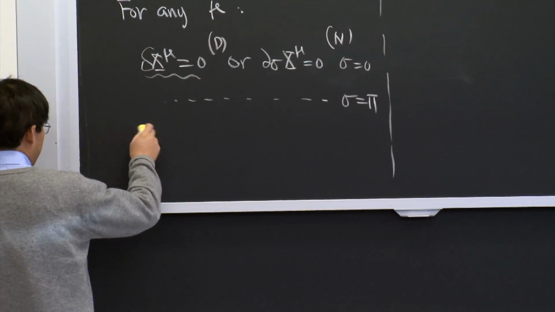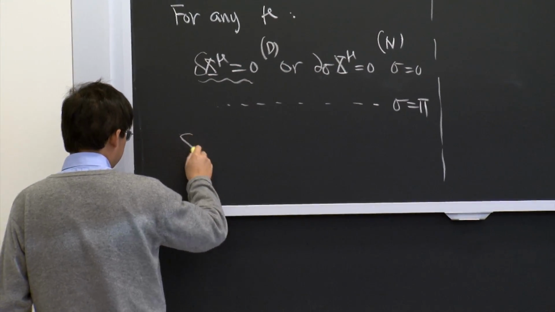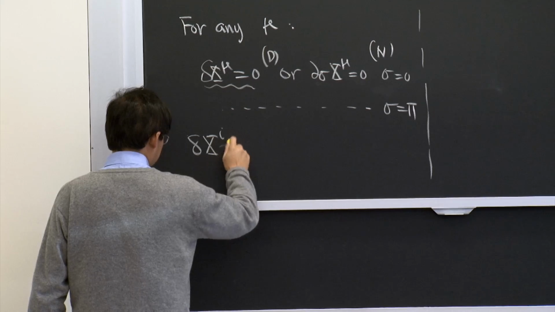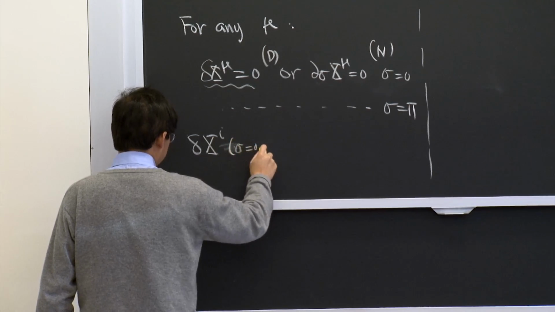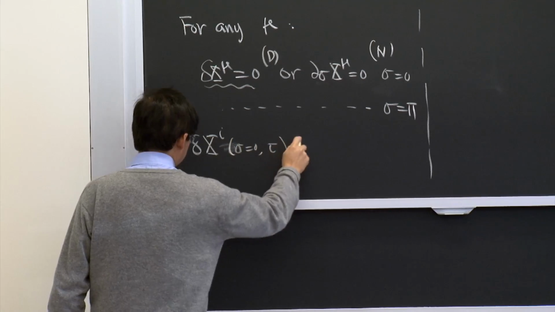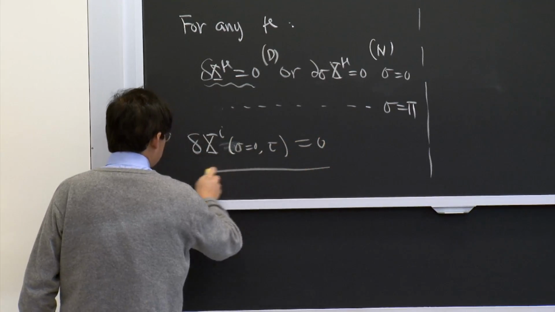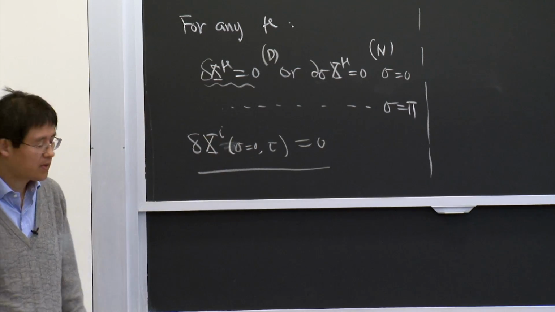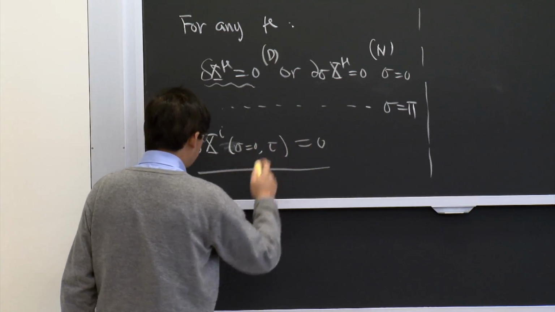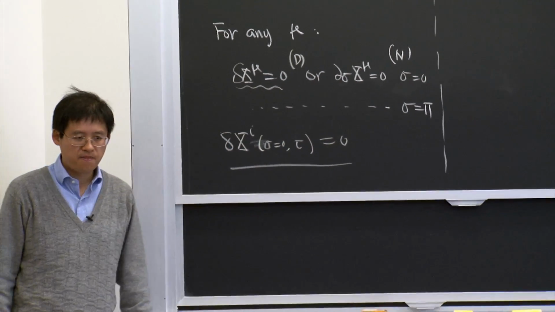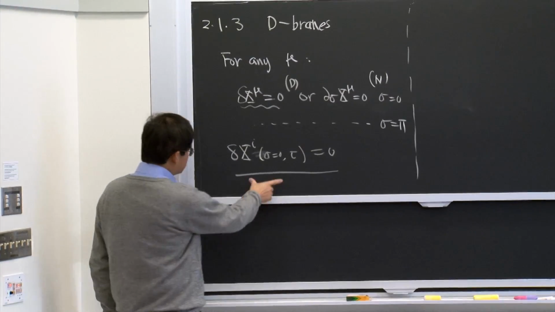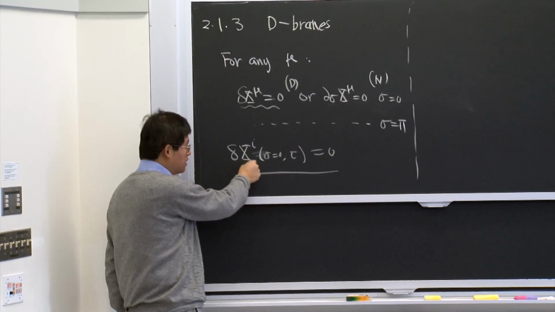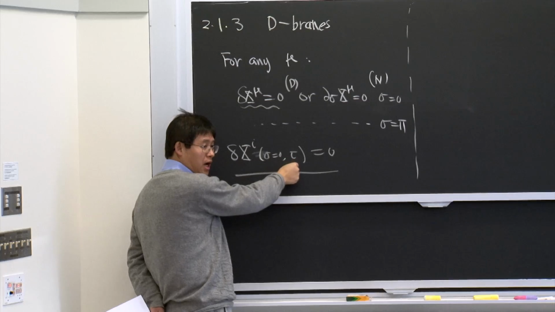Let's consider some direction i, with delta x^i equal to 0 at sigma equal to 0. This is an example of the Dirichlet boundary condition in the i direction. What this means is that the variation of x^i at sigma equal to 0, at all times, does not change.